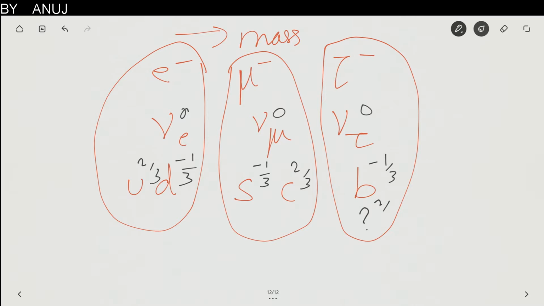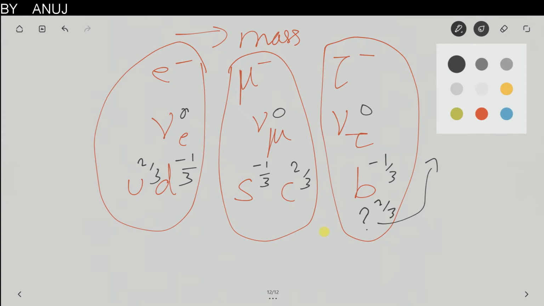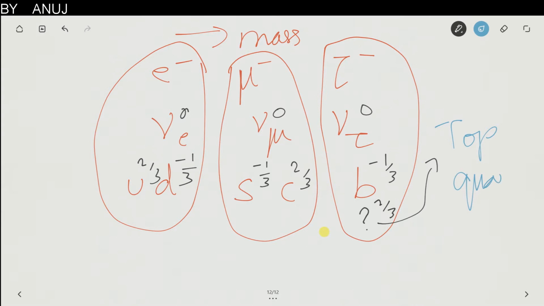You know what happened later? They indeed discovered this top quark, and it did have a 2 by 3 charge and had higher mass compared to the other quarks in the other two groups. Wow, that's something fantastic.